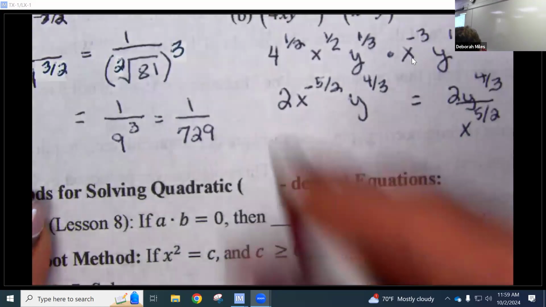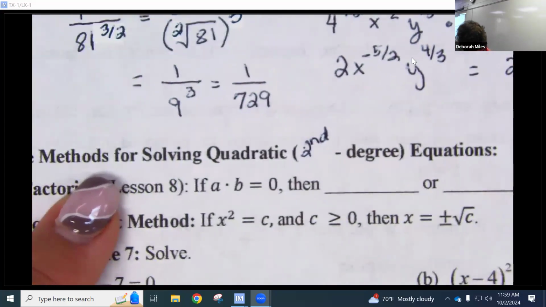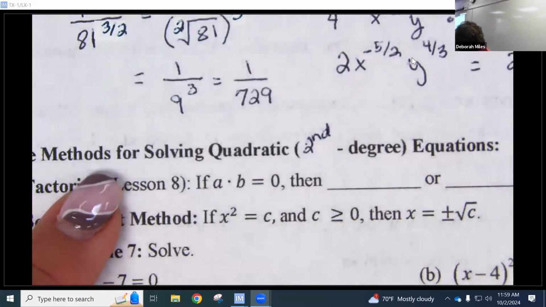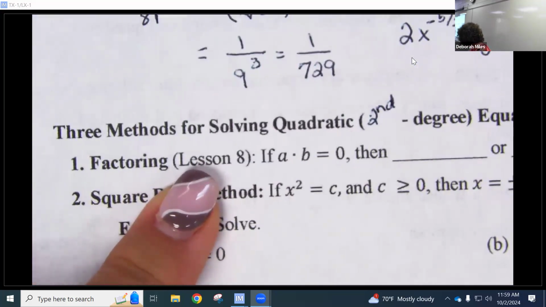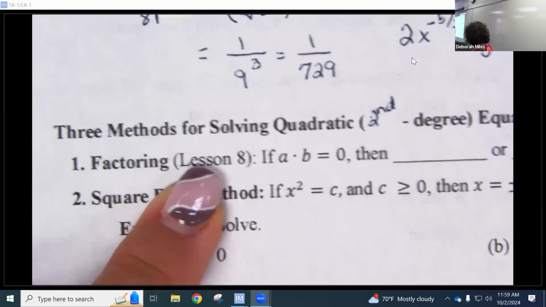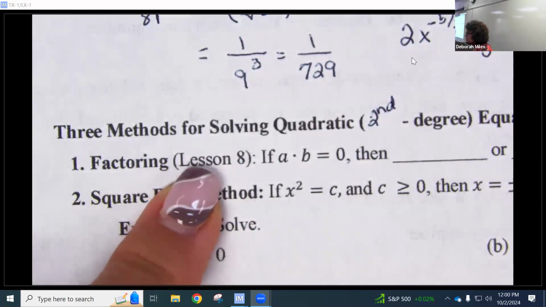Quadratic equations are second degree equations. If the highest exponent is 2, you're looking at a quadratic equation. And in lesson 8, we only talked about one way to solve quadratic equations. We spent most of the class reviewing factoring, and then we said, hey, you can use factoring to solve equations.